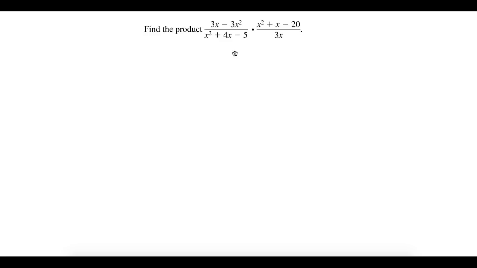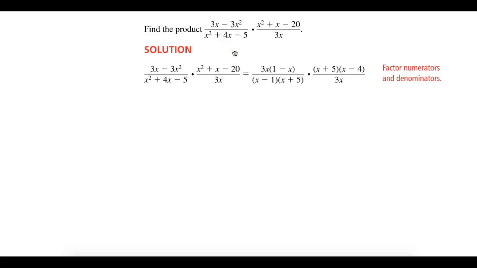So let's go ahead and look at each one of these. What we want to do first is we want to take each expression and see if we can factor it down. Now, if we look at this, what we've done is we haven't done any multiplication together. We've simply taken each polynomial and we've looked to see if we can factor it.